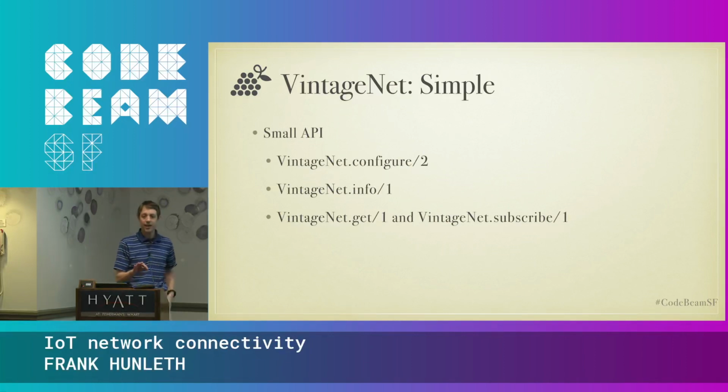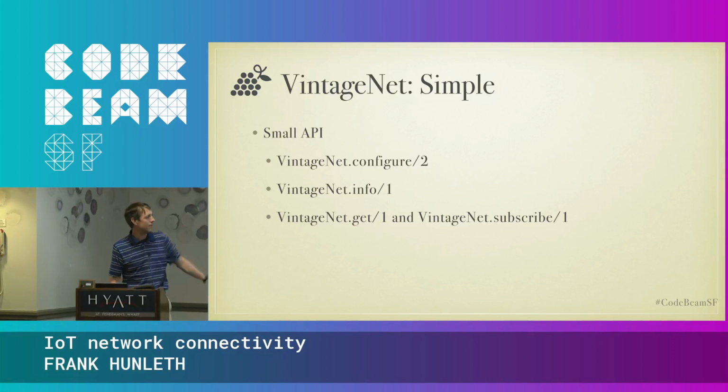There's a small API. These are almost obvious. Configure, if you want to configure something. Info is kind of our debug method. If you are having trouble, call VintageNet.info. It'll go through and tell you, if you have wired Ethernet, whether you are connected to the LAN, or maybe you're connected to the internet, and the settings on it. Same with Wi-Fi and mobile. That's first-level diagnostic information.